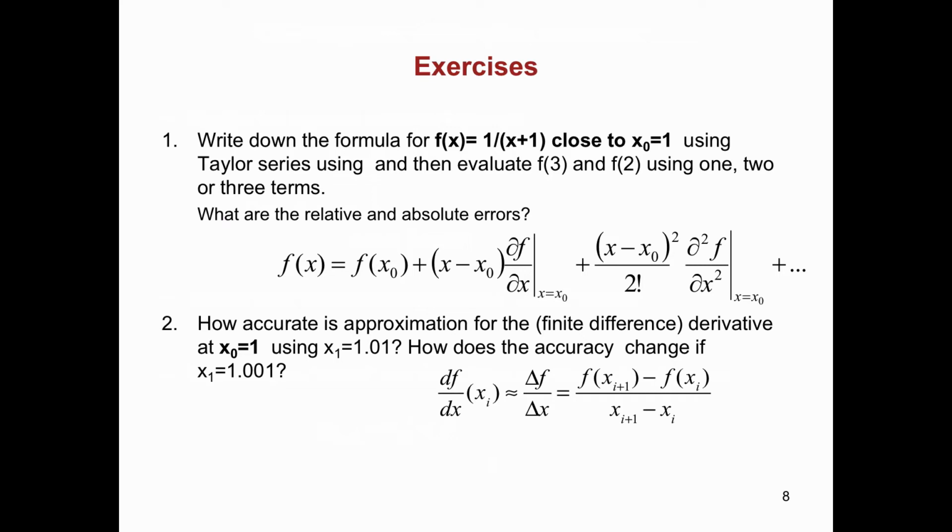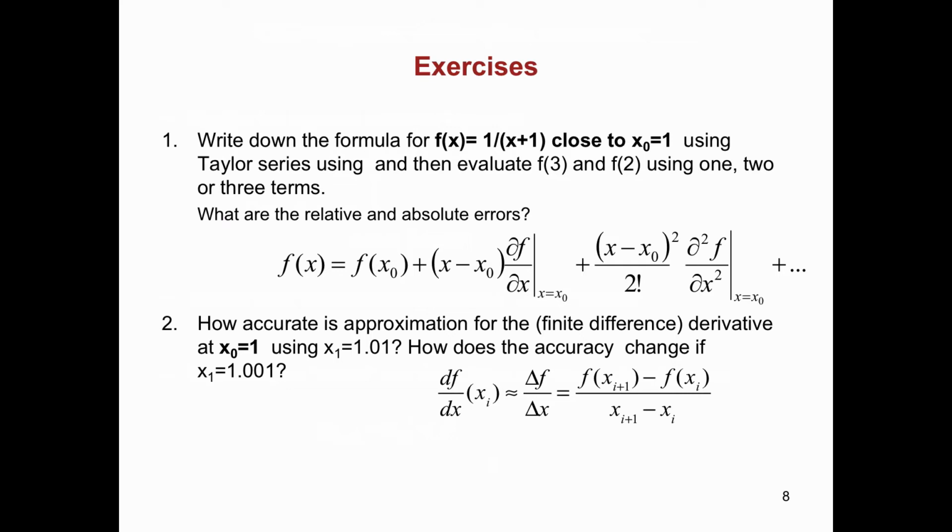So how does my f of x look in the neighborhood of x0 equal to 1? The first term in Taylor series is f of 1, so that's 1 over 2. Plus, and then I have whatever x is minus 1 times, what is my df dx if f of x is 1 over x plus 1?